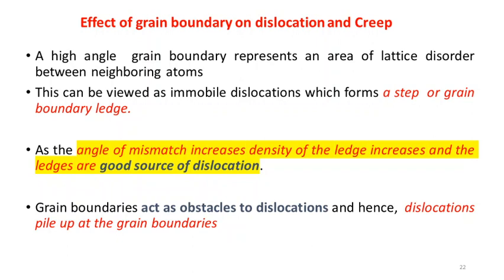This can be observed if you expose the material to an environmental condition, for example a hot environment, hot corrosion or corrosive media. It is at the grain boundary that the initial attack of corrosion will take place. So it is the region where the properties of the material get disturbed.